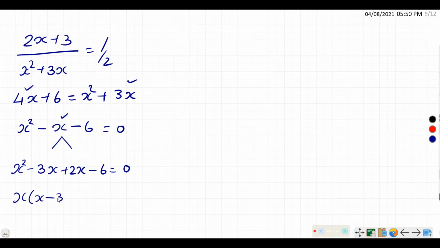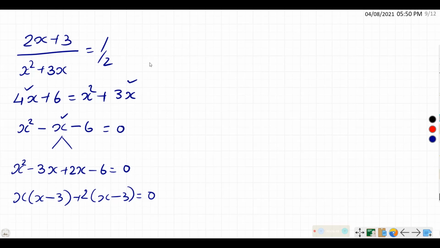That means x into x minus 3 plus 2 into x minus 3 is equal to 0. So either x plus 2 must be 0, or x minus 3.